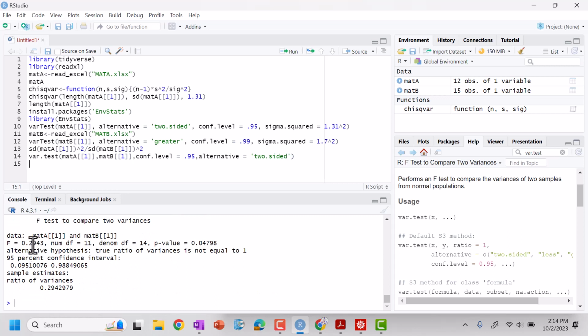And look at our F value, degrees of freedom, and we see our P value is 0.04.